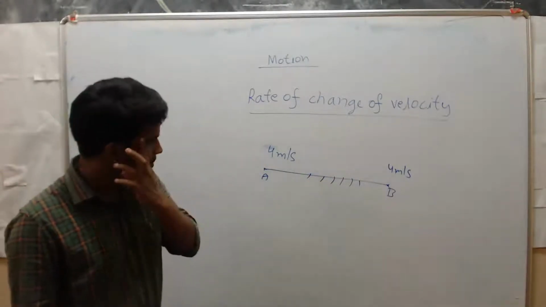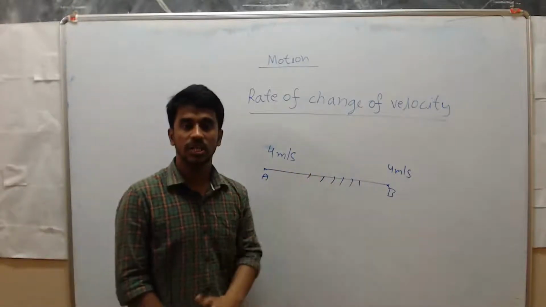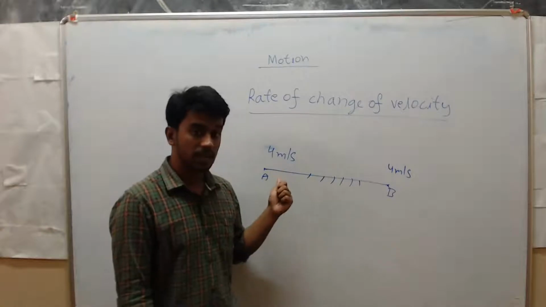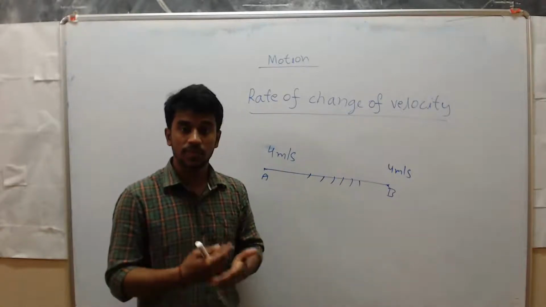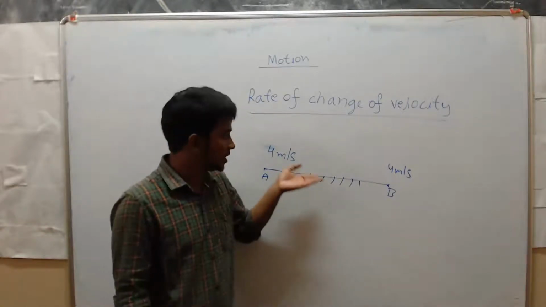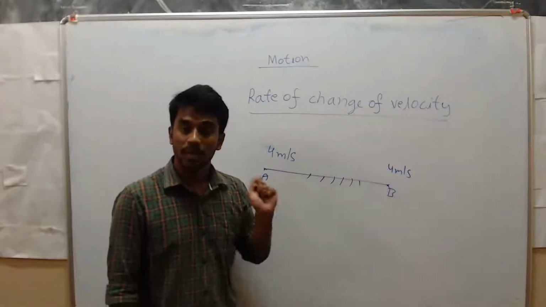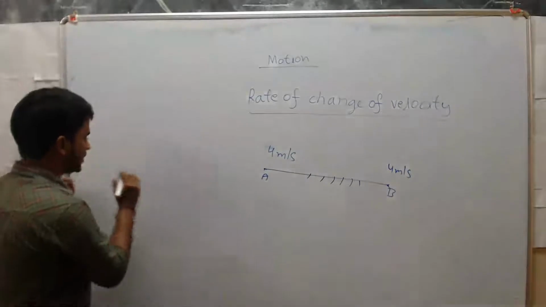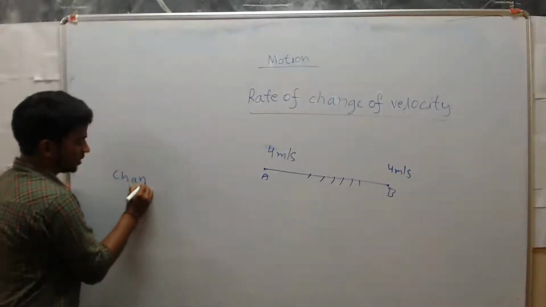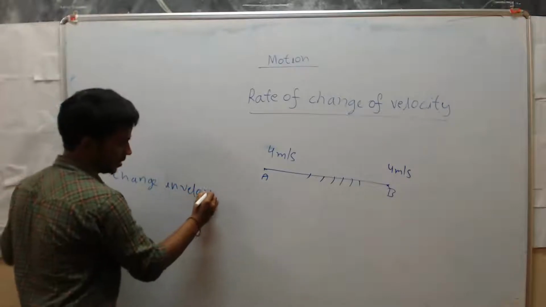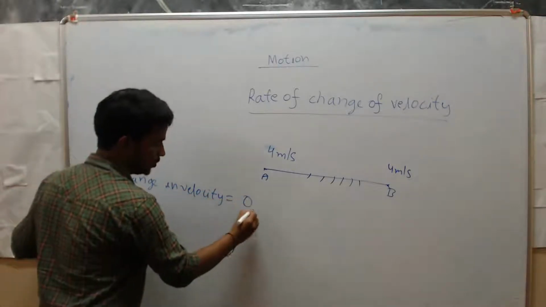Now I will ask, what is the change in velocity? That object traveled with the same speed. Change in velocity? Nothing, right? Because that object doesn't change its velocity. So mathematically we can say that the change in velocity is equal to 0.